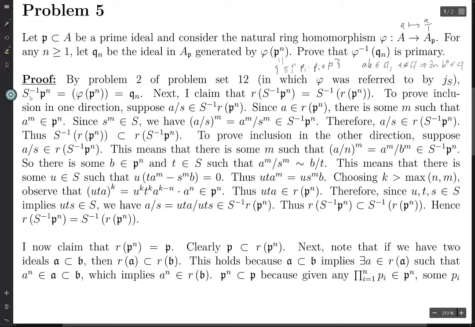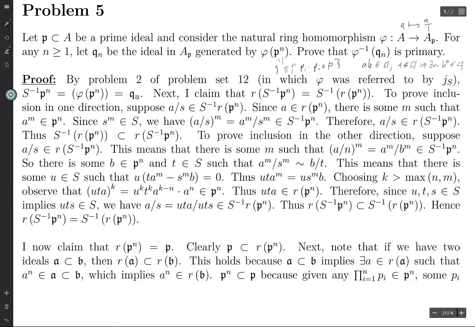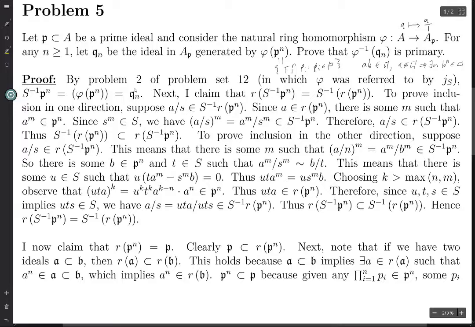So if you take the ring of fractions of a ring, that's the same as the ideal generated by the image under this natural map of that ring. And here, of course, this is defined to be Qn. Okay, so this is equal to this. Basically, we're going to want to get to a particular equality that we'll do later on in the third paragraph. But until then, we're just proving some preliminary facts. All right, so this equals this, so that's good.